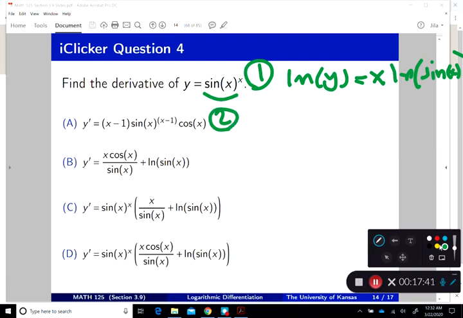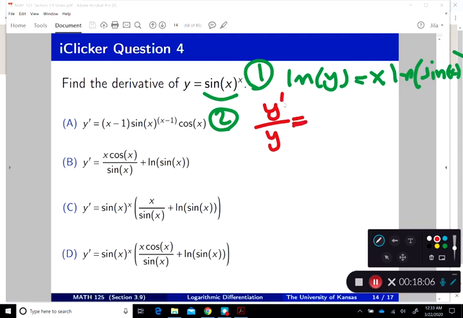How do we take the derivative of both sides? Remembering the natural log of y, because y is an implicit function of x, it's going to be y prime, the derivative of the inside, times 1 over y, the derivative of the outside.